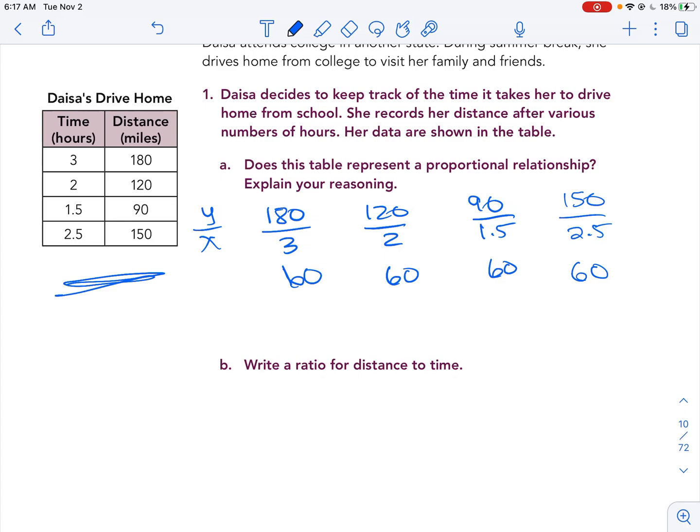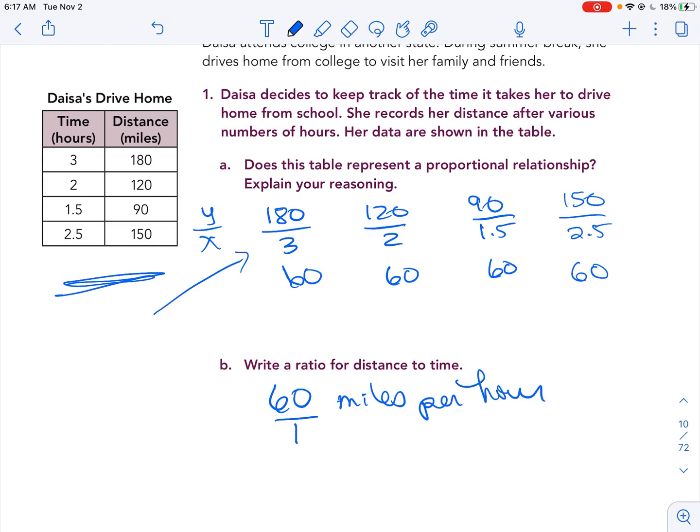Okay, write a ratio for distance to time. So distance, we wrote, I should say, didn't we just write ratios of distance to time? And when I simplify each one of them, I got this ratio. And that was standing for miles per hour.